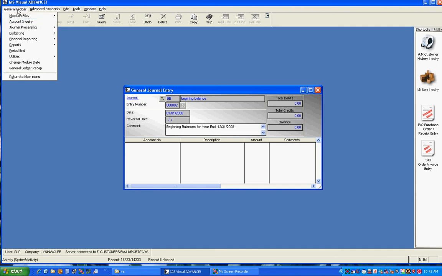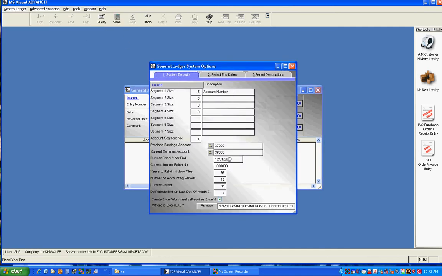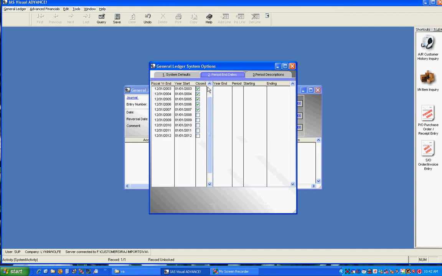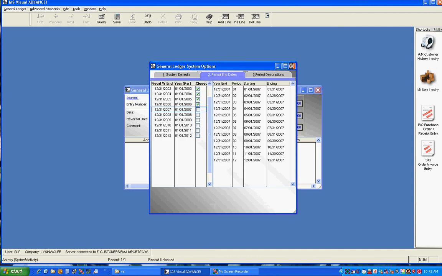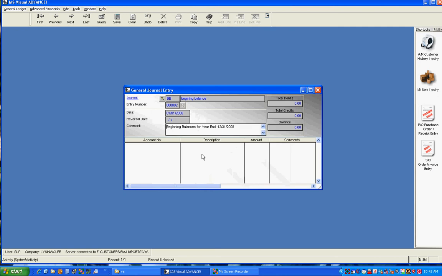I'm going to go ahead and open up the general ledger real quickly to 2007. No, it's got to be period 1. And unclose period 7. That's my cell phone. Okay, so here we go.